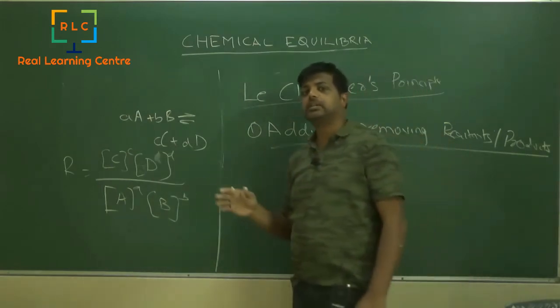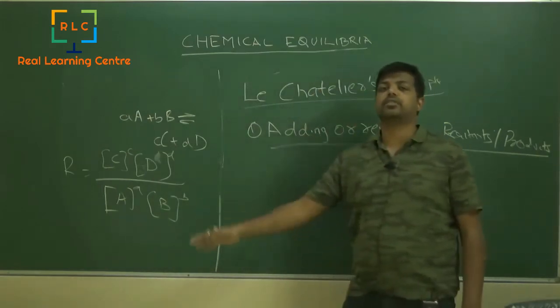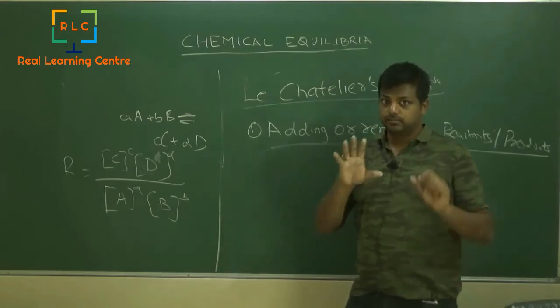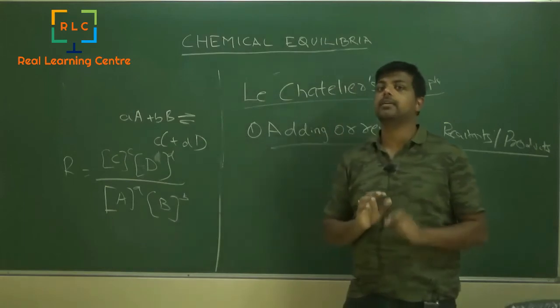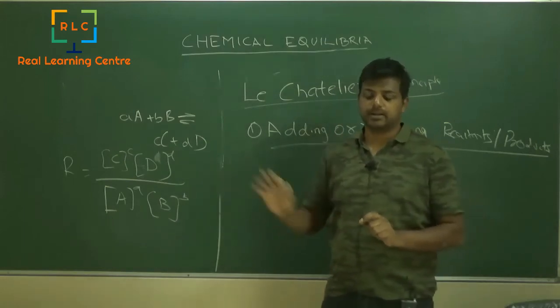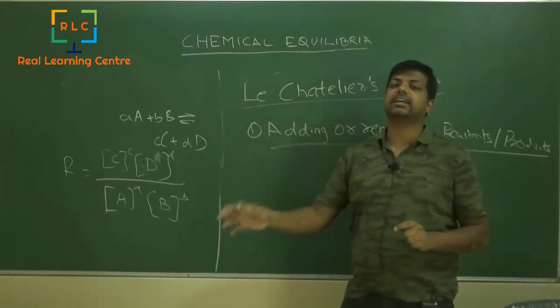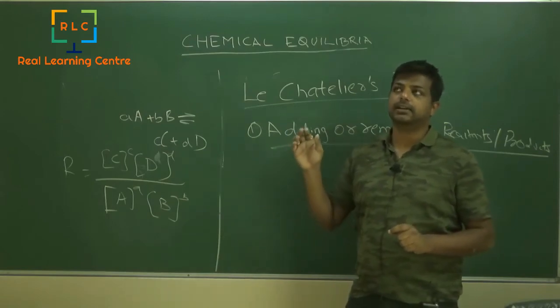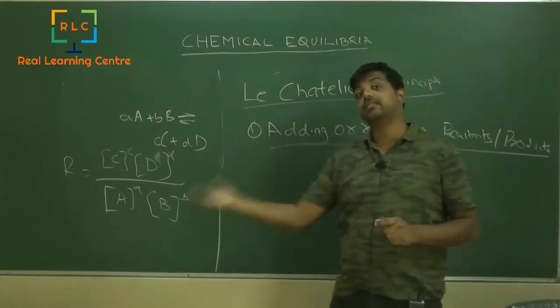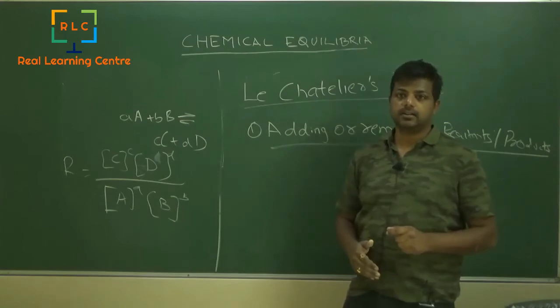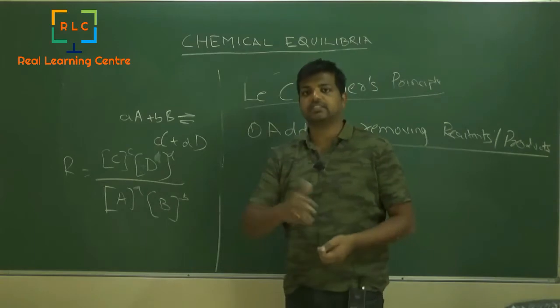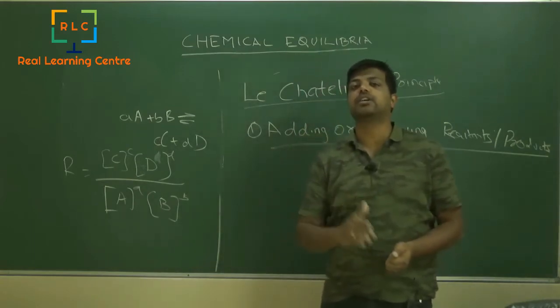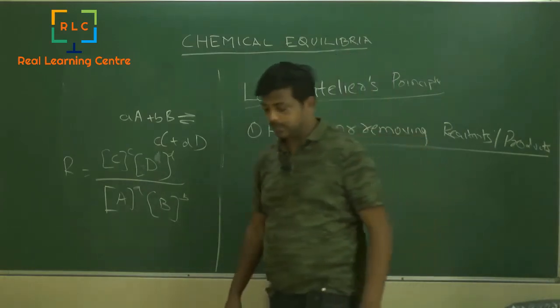And if it is less than the equilibrium constant, that means there is more left for the forward reaction. So if Q is less than the equilibrium constant, more of the forward reaction will happen. If Q is greater than the equilibrium constant, that means the reverse reaction will happen, correct? Because ultimately it has to reach the equilibrium constant value. So if it has not reached, it will shift in a direction so as to reach that point.